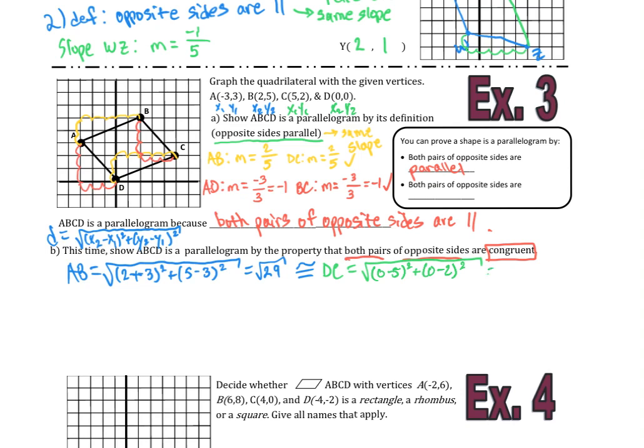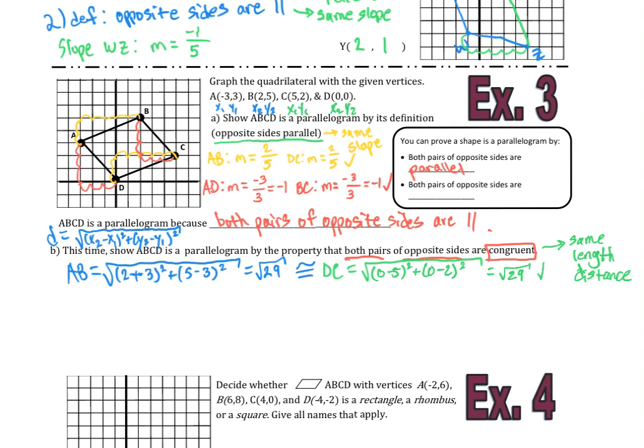And when you plug this into the calculator, guess what you get? Square root of 29. So good, they have the same length, right? And that's what we're talking about when we say congruent: same length, same distance. You're talking about the distance formula, okay? So good. AB and DC are congruent, which is good.